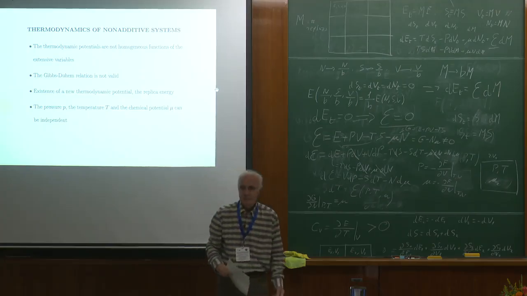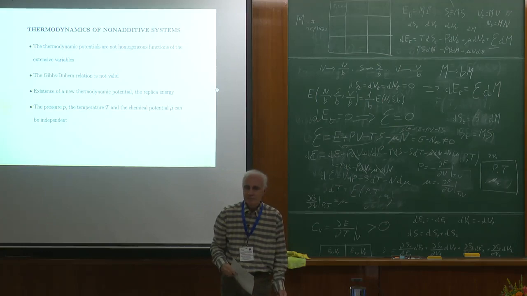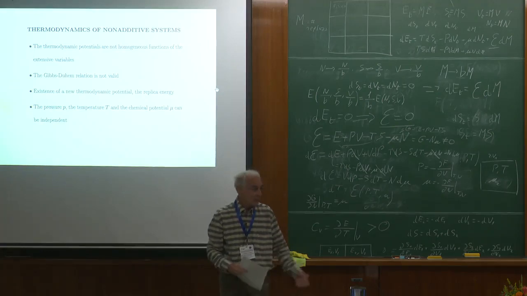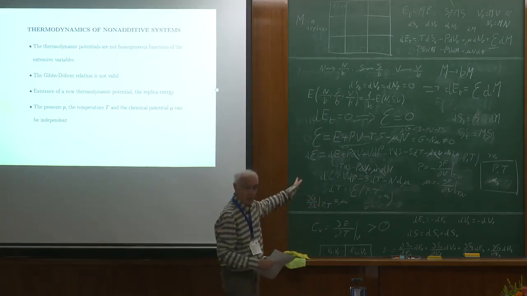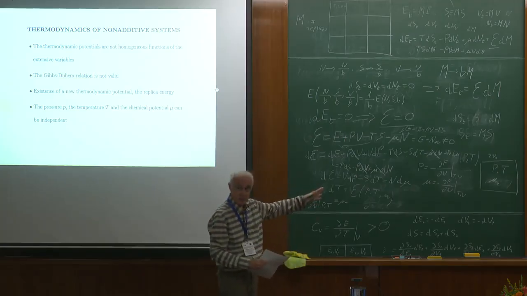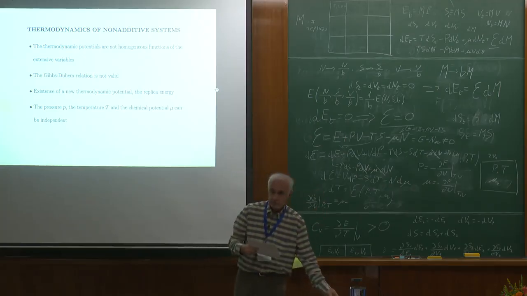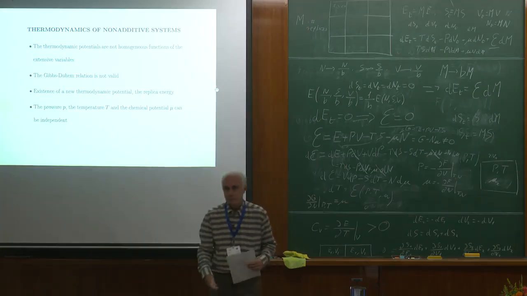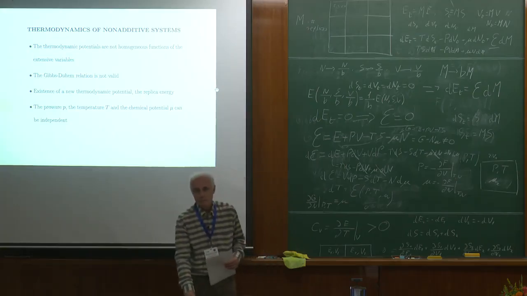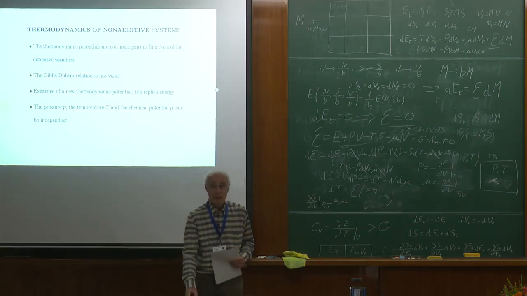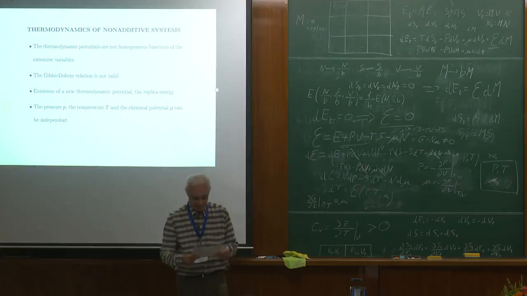Because unlike a short range system, where I would have taken a big system and broken it up into small parts, I cannot do the same construction. No, in fact, if you do it, you get zero, as I showed to you. I'm saying that suppose I were to define this replica energy differently. One possibility could have been that I take a very long range system and break it up into small parts, but I cannot do it because they will interact. Yes, that's the point.